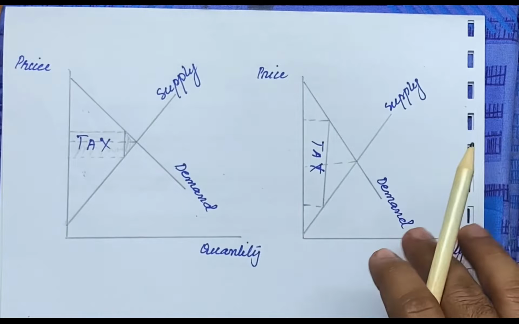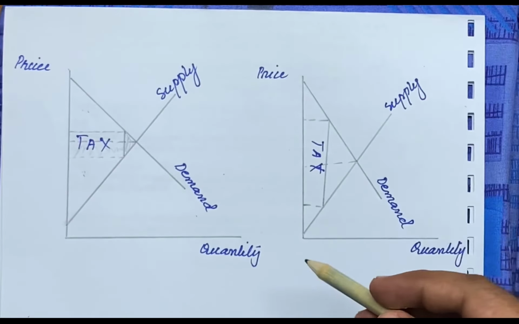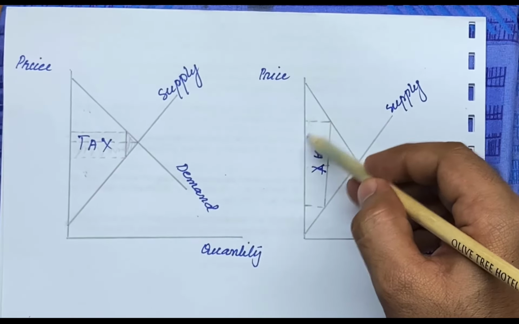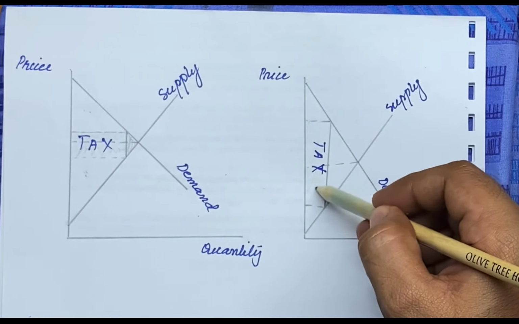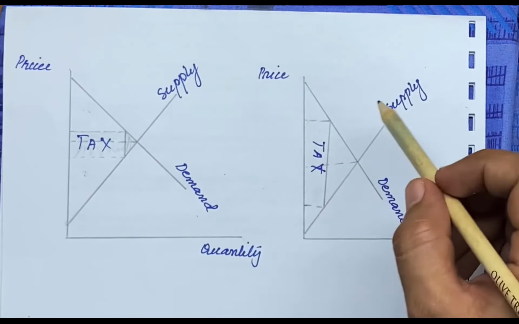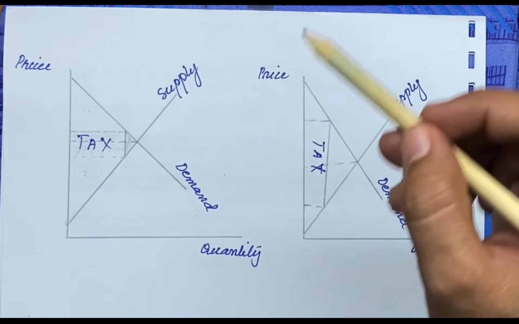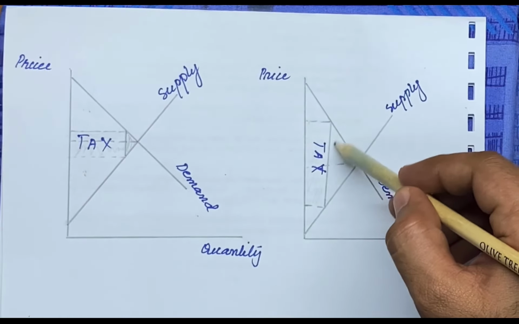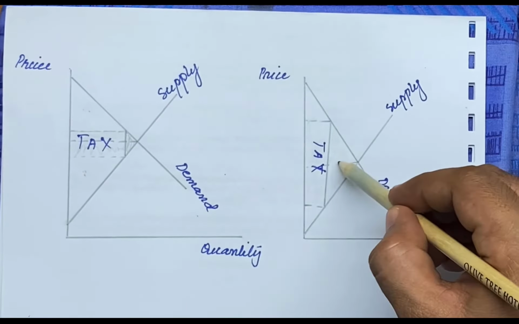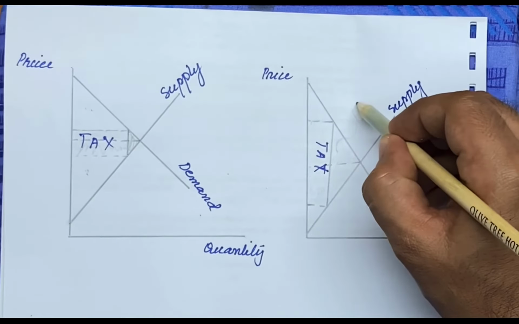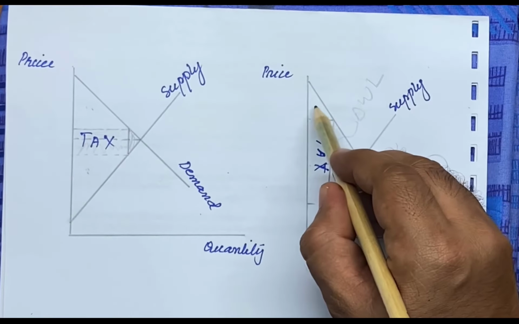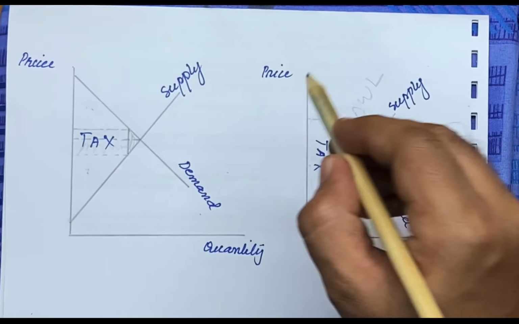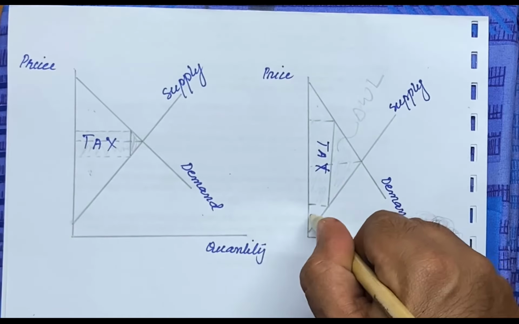Here we see if government wants to impose more tax, a huge amount will go to the government, because this is the tax, and this triangle will be the deadweight loss, and only this small portion will be the consumer surplus, this small portion will be the producer surplus.